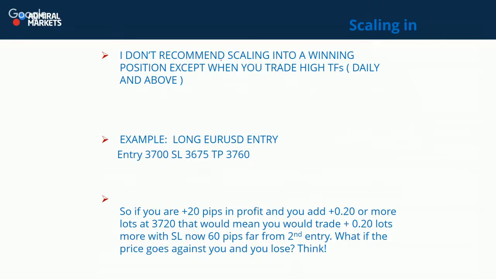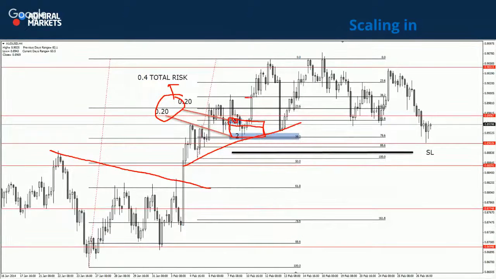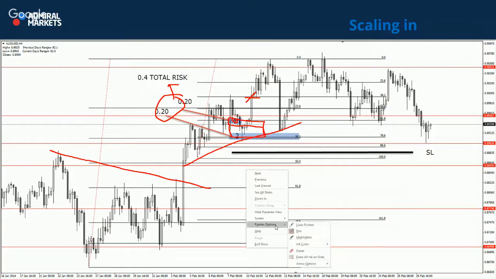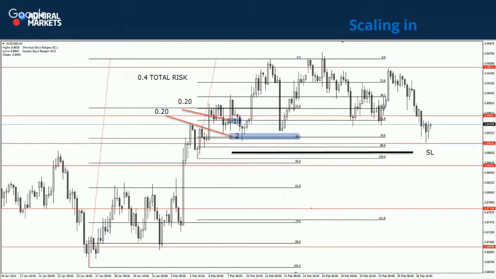I don't recommend scaling into a winning position, because if you scale in here, you would be buying high. I never scale into a winning position. Let's say I have entered here and there, and here I'm in profit.